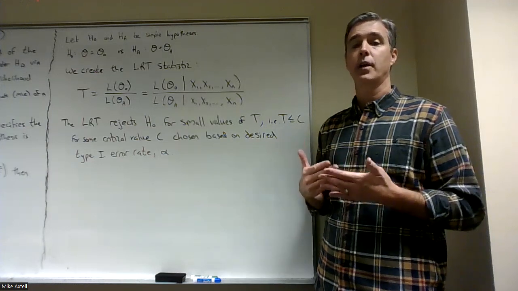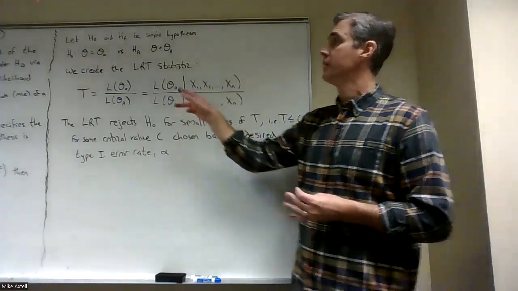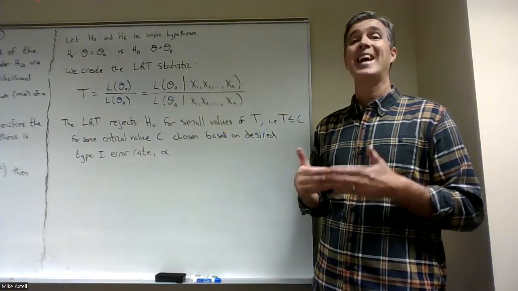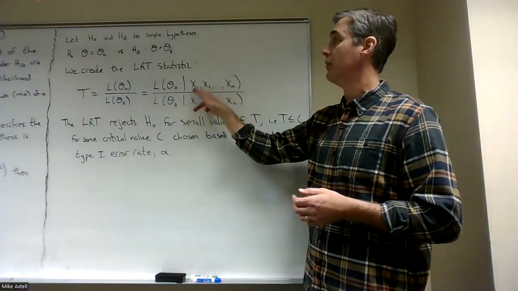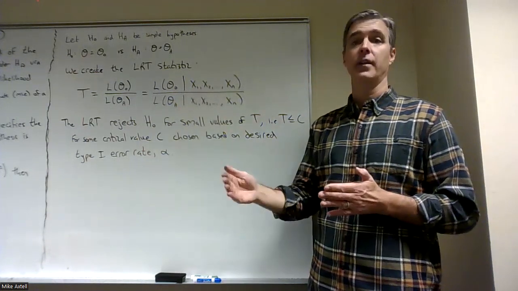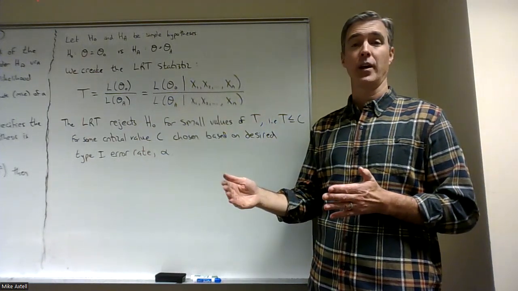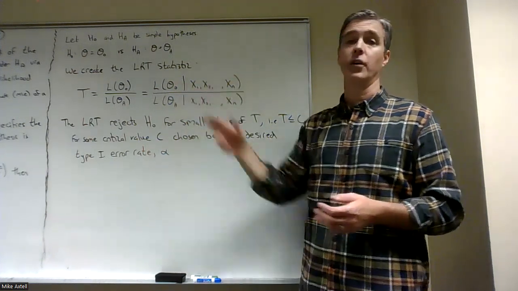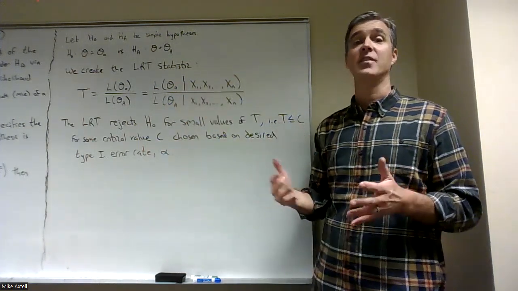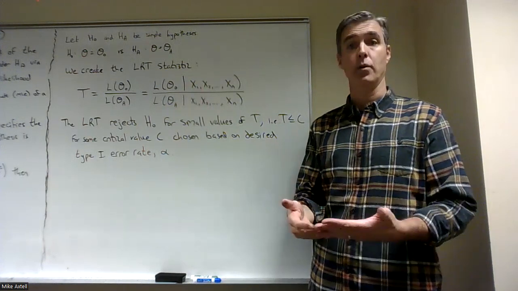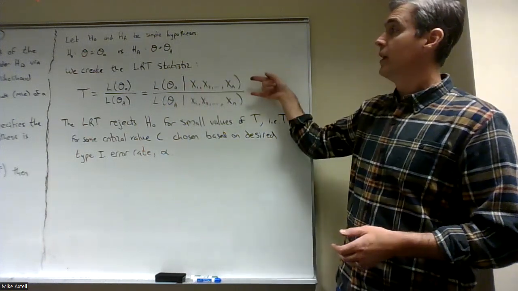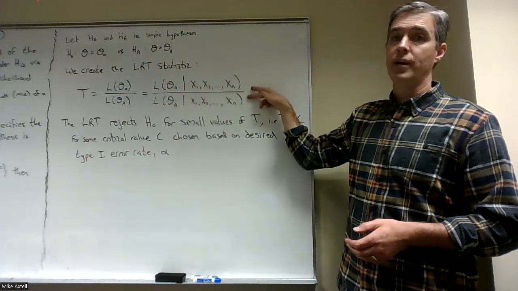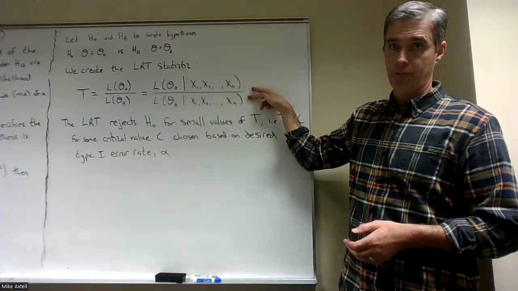If it wasn't a simple hypothesis, then simply stating the parameter theta 0 doesn't give us enough information to calculate the probability of data point x1, given that theta is equal to theta sub 0. So I wouldn't be able to calculate the likelihood function as a numerical value, and this ratio would not be an actual number.